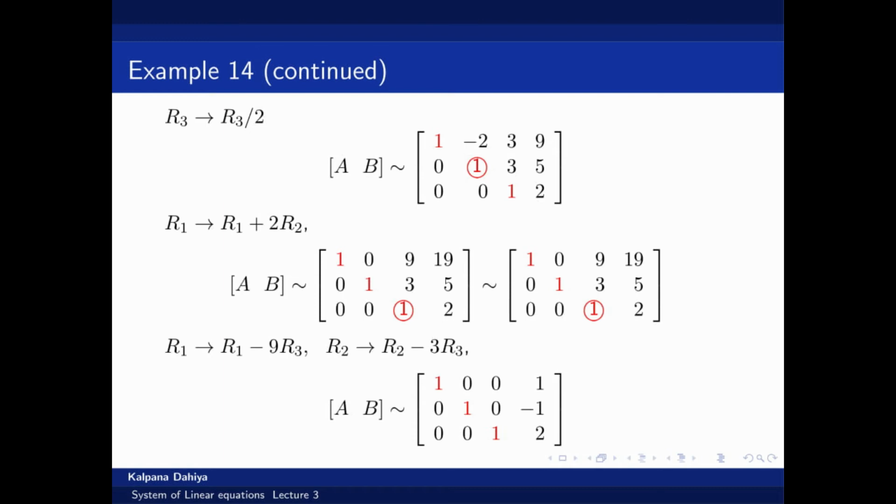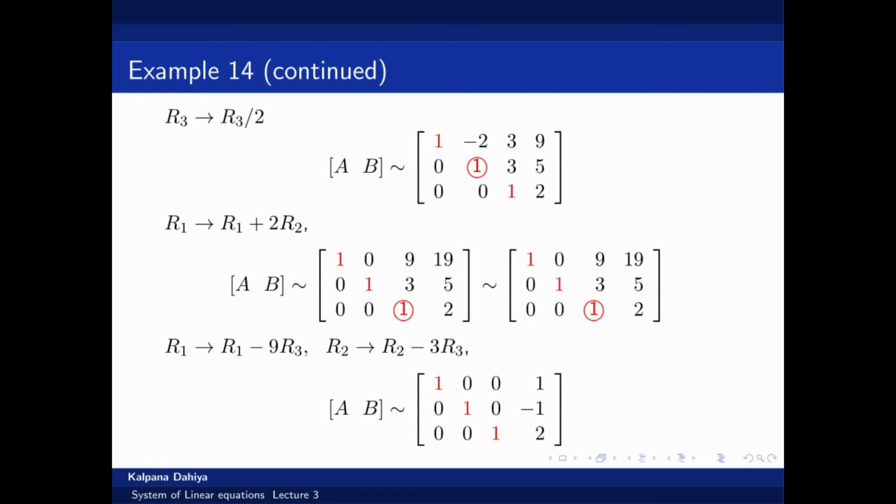Now we go to the next pivot element corresponding to the third row, that is 1. I have circled it. Please refer to the second matrix here. Now if we see this third column, except for this pivot element, we have 2 non-zero entries, 9 in the first row and 3 in the second row.